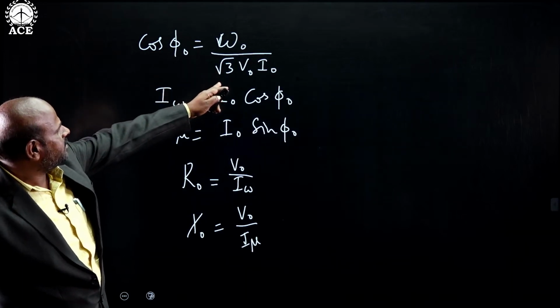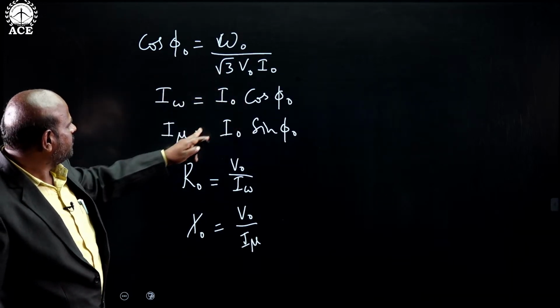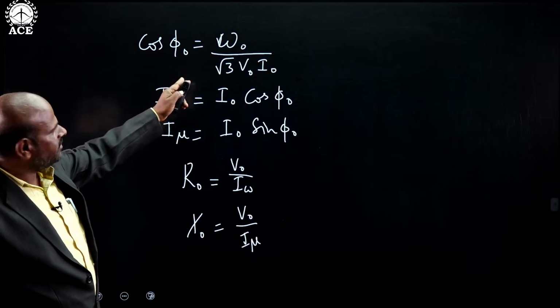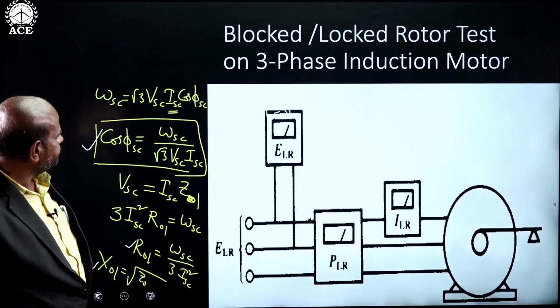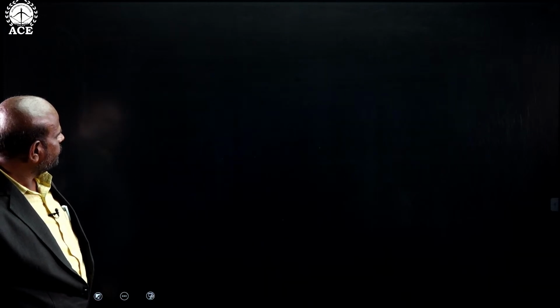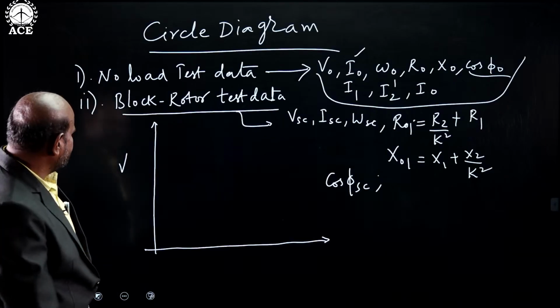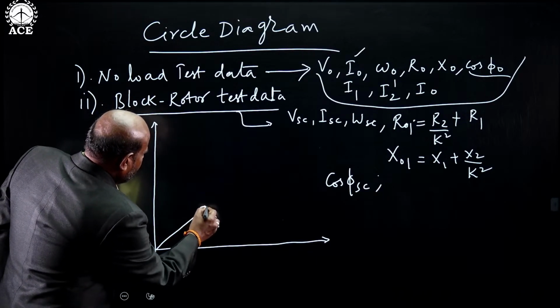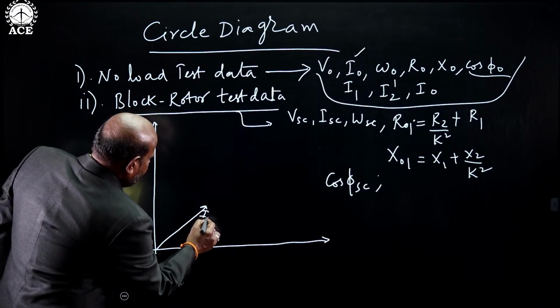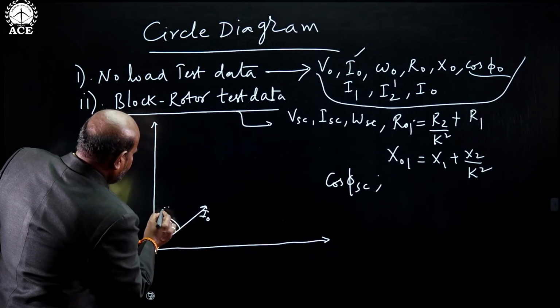Cos phi naught is W0 by root 3 V0 into I0. So we can find out cos phi naught here. Right. So let us represent the no load current I0, which is making an angle of phi naught.